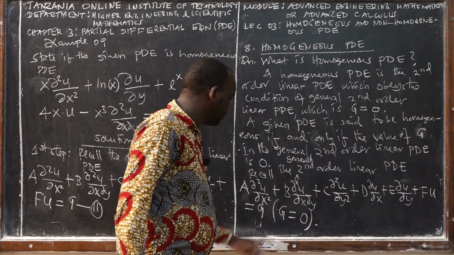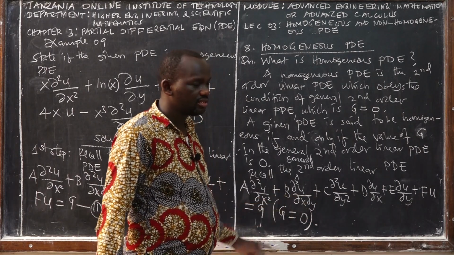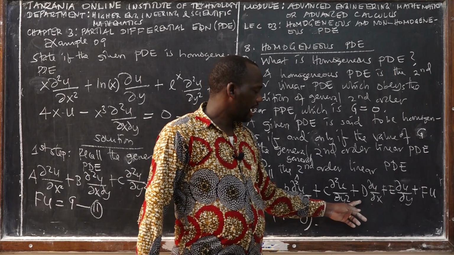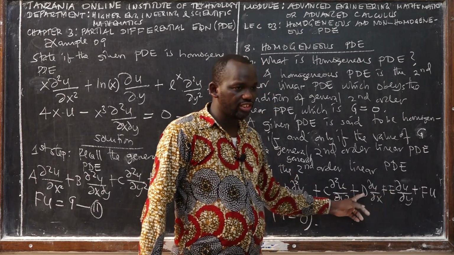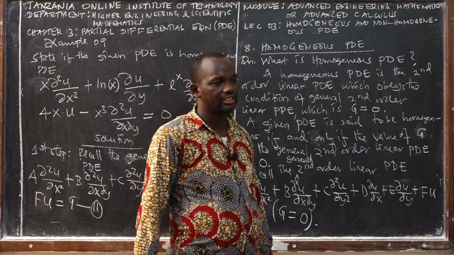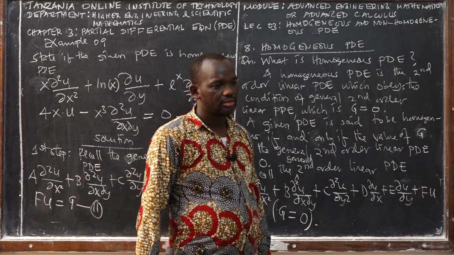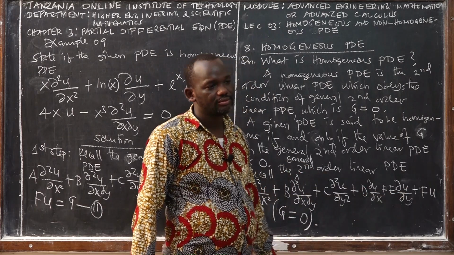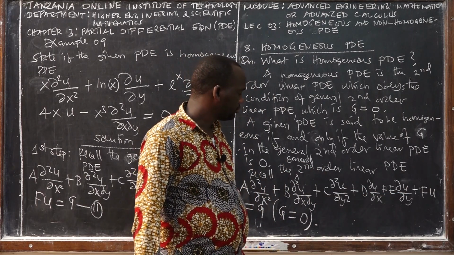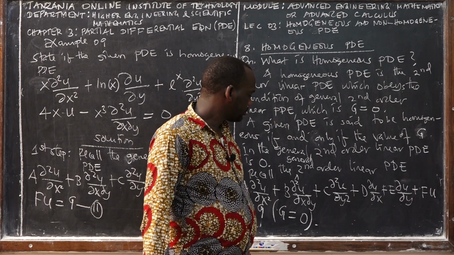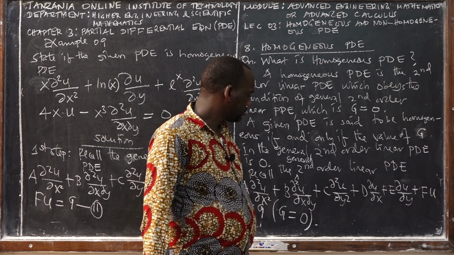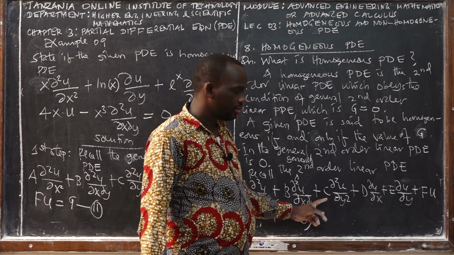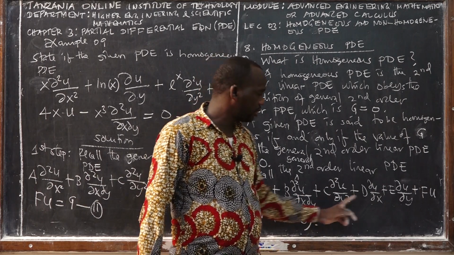If you exchange d and e, it is not acceptable, because this is another partial derivative and this is another partial derivative. The first one is du over dx, then the second is du over dy.